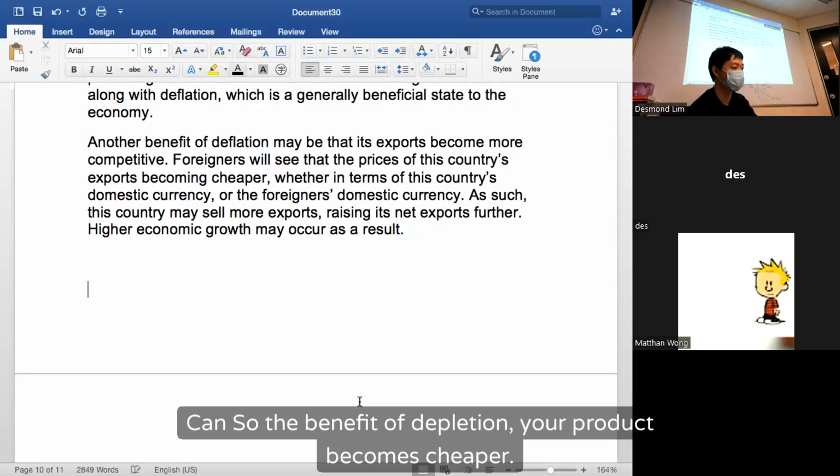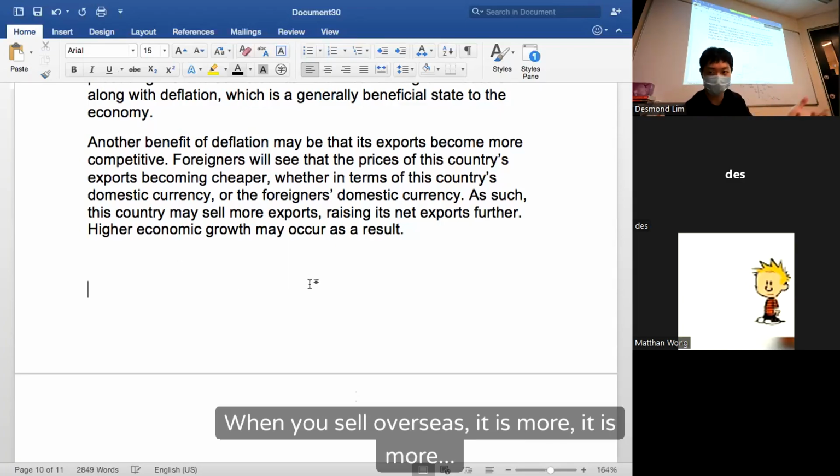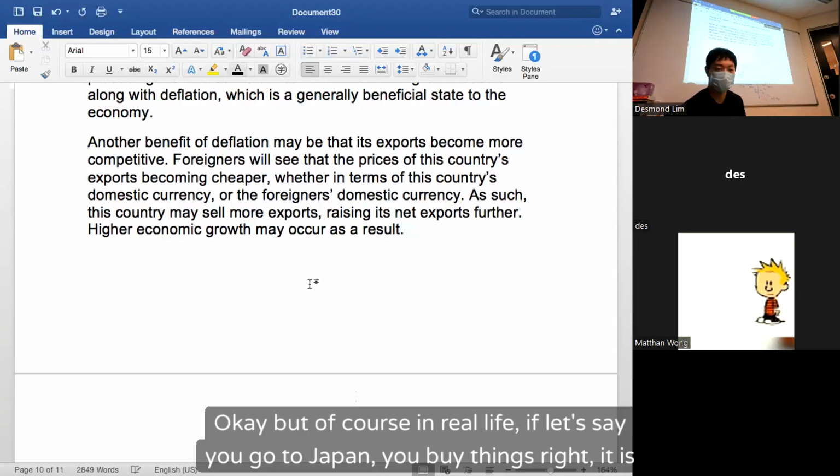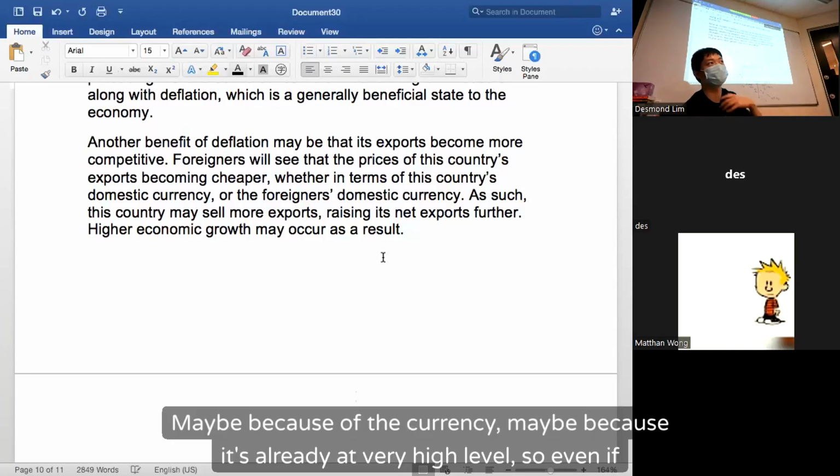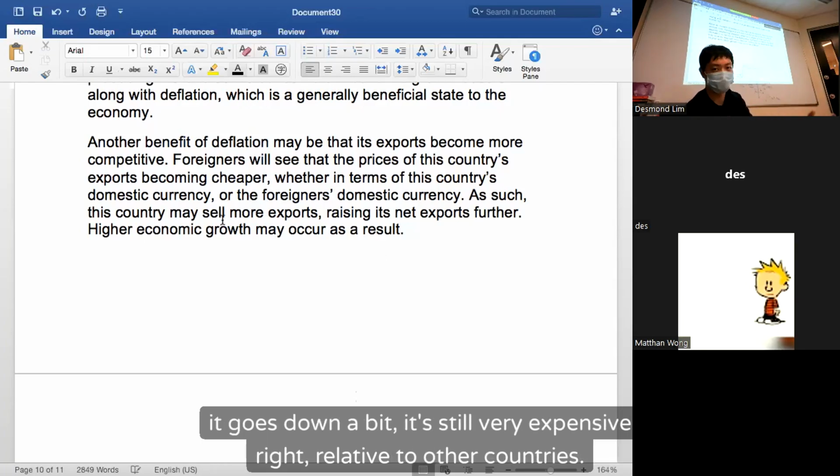So the benefit of deflation, your products become cheaper. When you sell overseas, it is more attractive. But of course in real life, if you go to Japan and buy things, it is still very expensive. Maybe because of the currency, maybe because it's already at a very high level. So even if it goes down a bit, it's still very expensive relative to other countries.